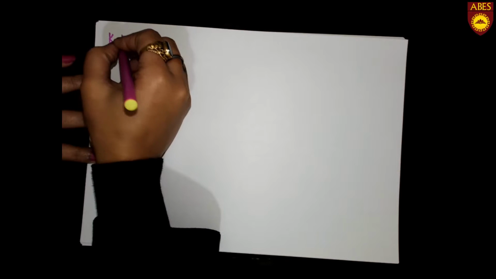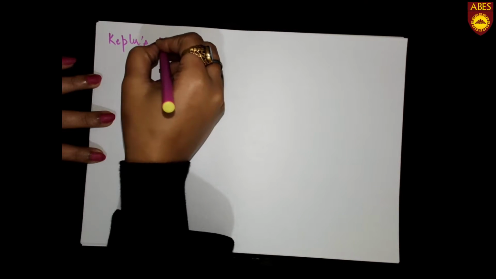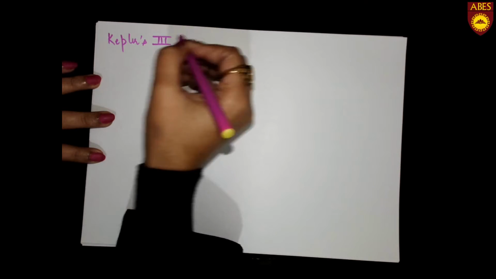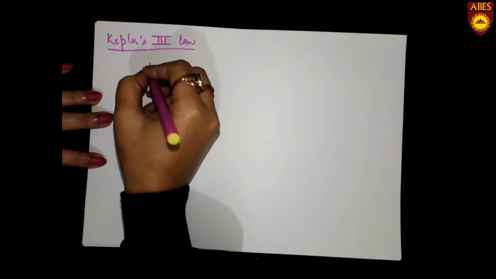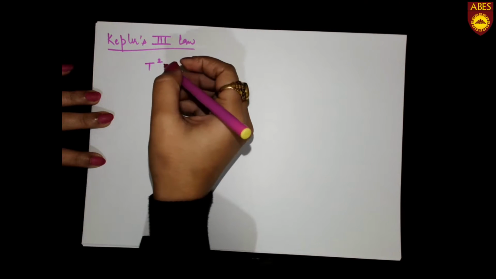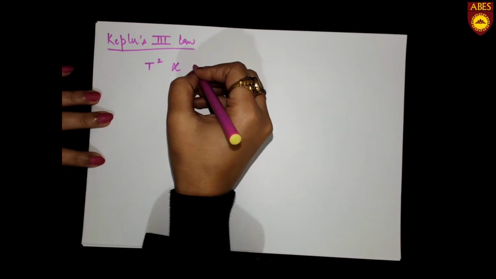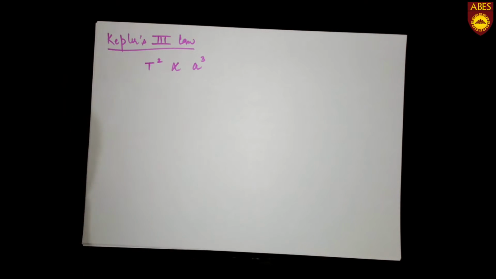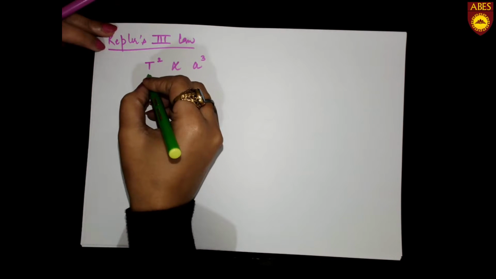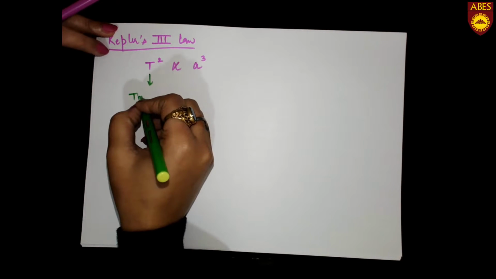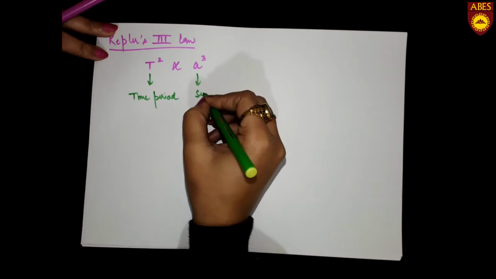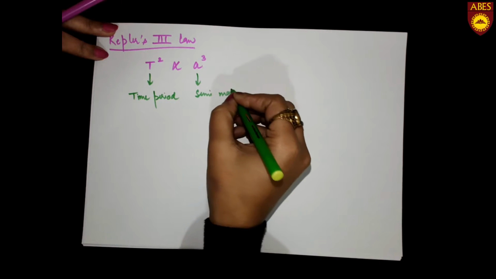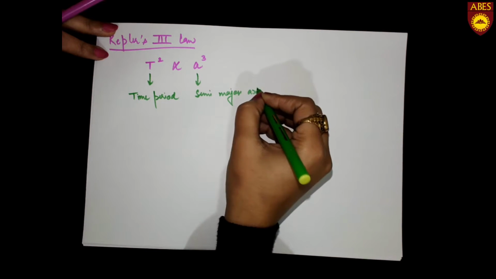Moving on to Kepler's third law of motion. Kepler's third law says that the square of the time period of a satellite is directly proportional to the cube of the semi-major axis. Now T is the time period and A is the semi-major axis.